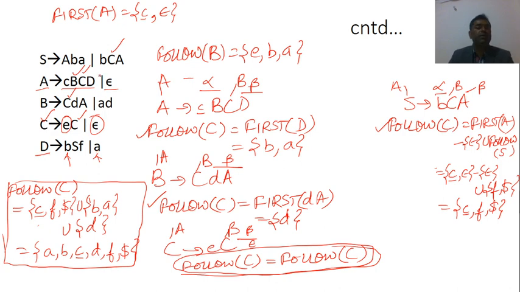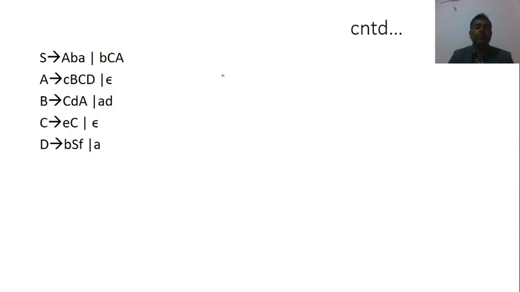Now the next variable that is present on the right side is D, and D is present only in this production. So we have to consider this production, A derives to CBCD. This is our B. Beta is exactly empty here. This is our alpha.